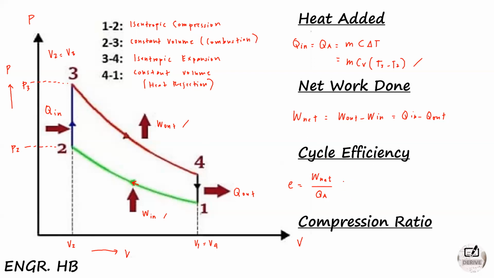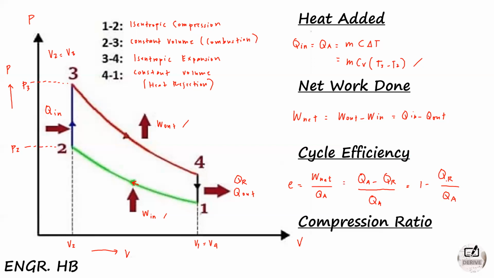And in terms of Q, you may write that as a Q in. Sabihin natin QA para hindi na malito, or isa na lang. So si Q out, pwede natin sabihin sigurong QR para heat rejected. Kasi si A is accepted. So QA. So cycle efficiency of this Otto cycle can be written as 1 minus the ratio of heat rejected over the heat added.